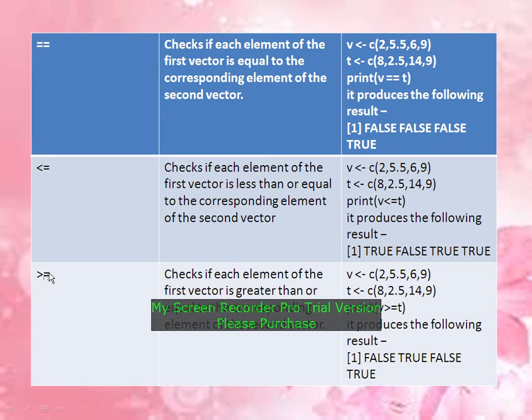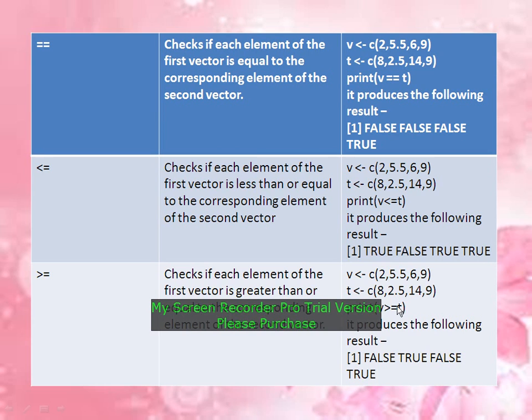And similarly greater than or equal to: if either greater than is true or equal to is true or both are true, it can produce the result true. So these are concatenations of two operators with OR. OR can produce the result true when any one of the operator results is true. So check if each element of the first vector is greater than or equal to the corresponding element of the second vector.